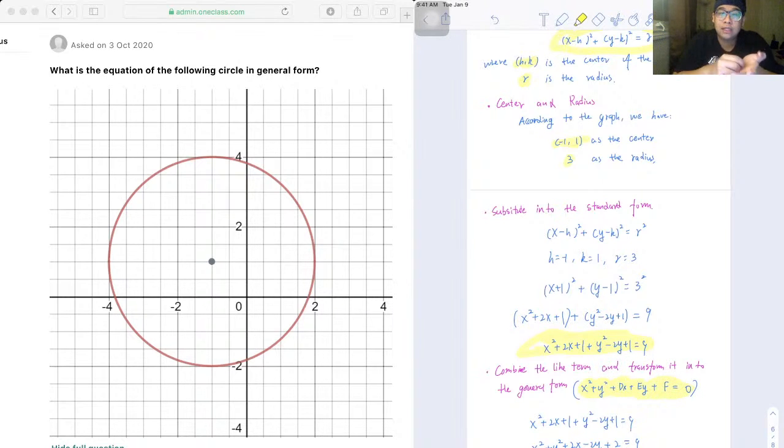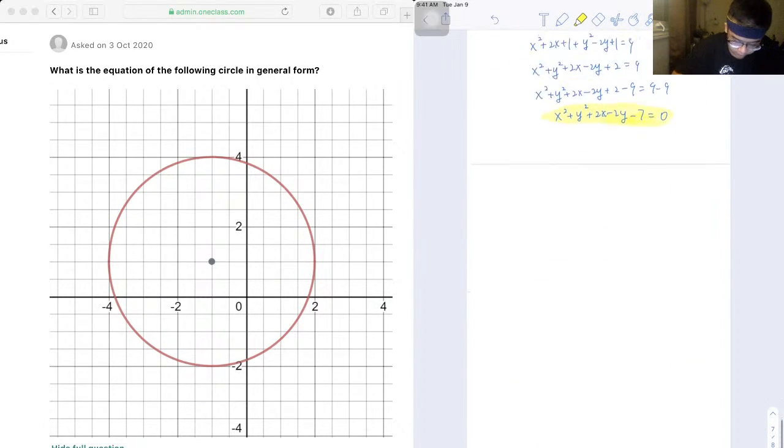So 2 minus -4 will be 6 in total, and that will be our diameter. And so the radius is half of the diameter, so 0.5 times 6 gives us 3 as our radius. I'll just write it down.